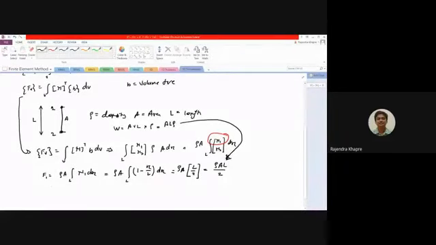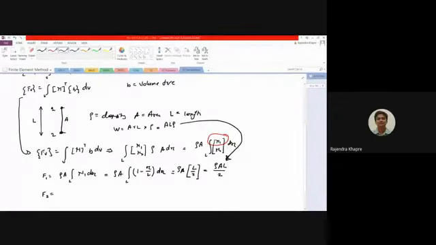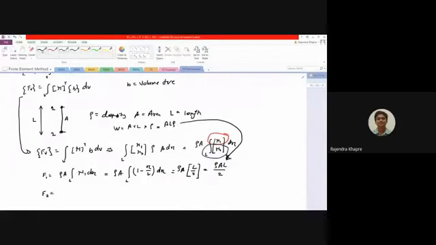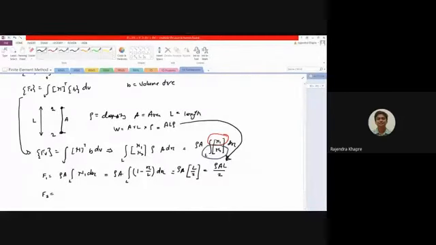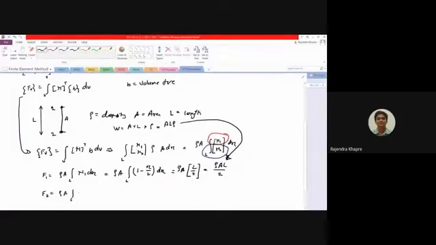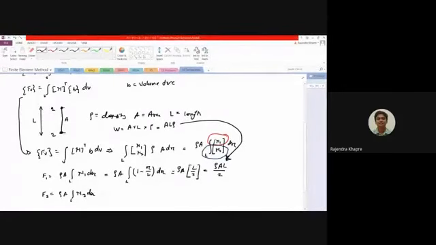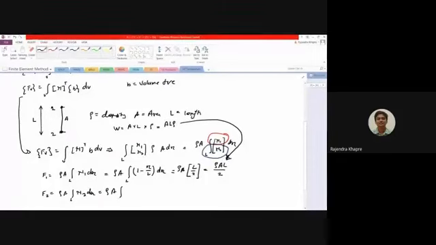Similarly, if you go for F2, F2 is nothing but this term, that is the second term over here. So this can be rewritten as rho into A, integration over the length of N2 into dx. So I can take out rho A, this is integration over the length, and your N2 is nothing but x by L over dx.